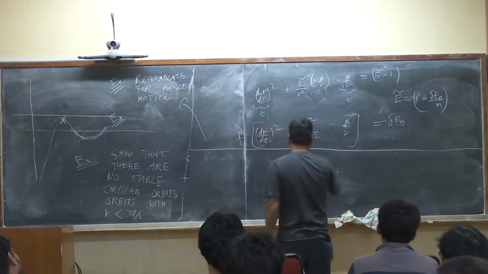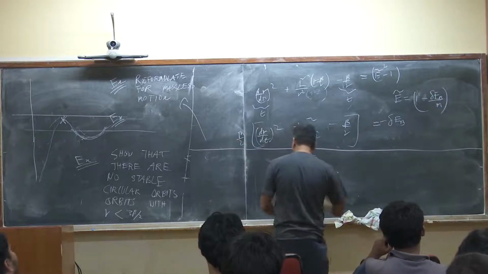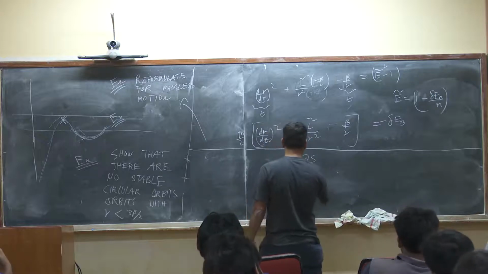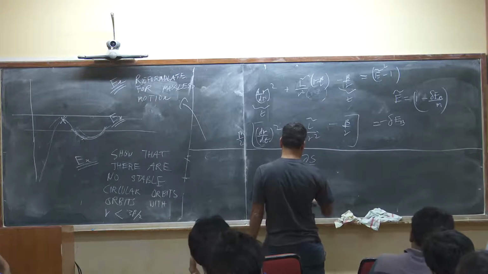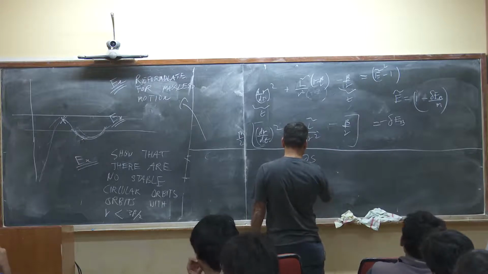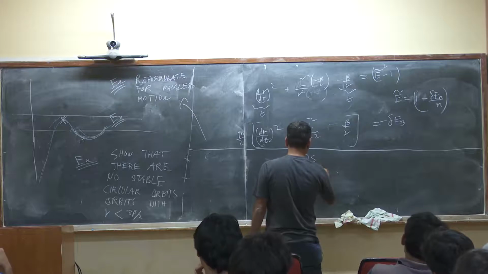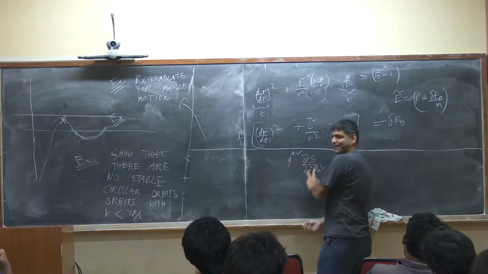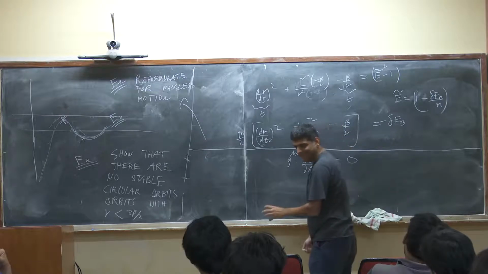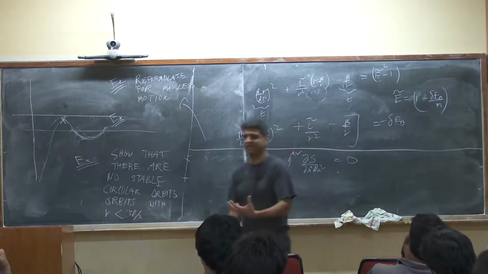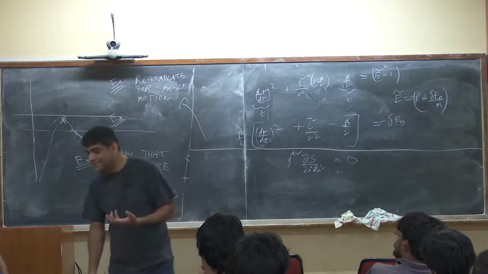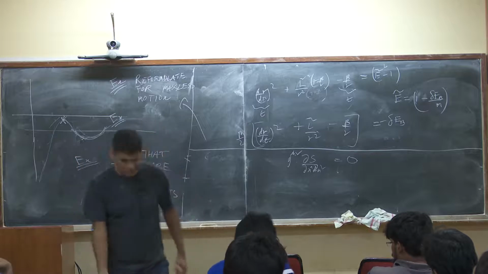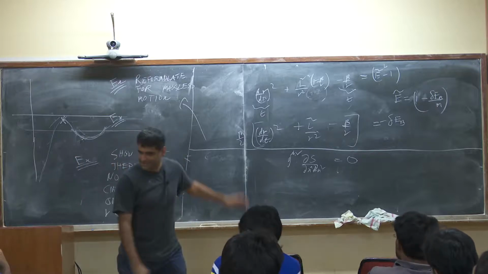The Hamilton-Jacobi equation, in this context, is g mu nu del S by del x mu del S by del x nu equals 0. And this breaks up into an r derivative, del r squared, del t squared, del phi squared. And then you find solutions of the form function of phi plus function of t plus function of r, solving it in the usual way. It's very nice because it's very covariant.